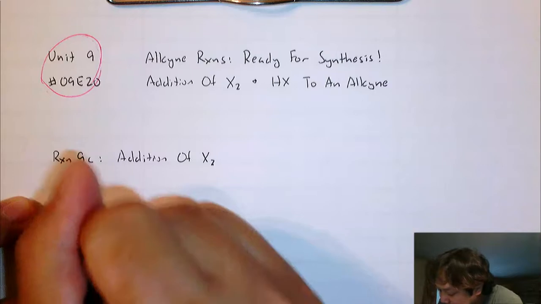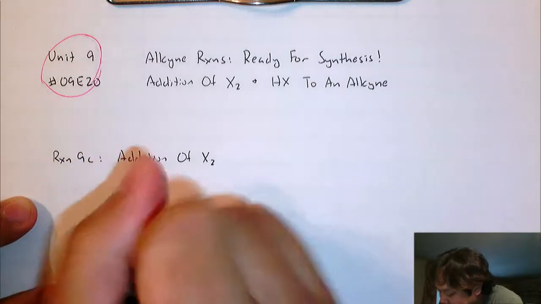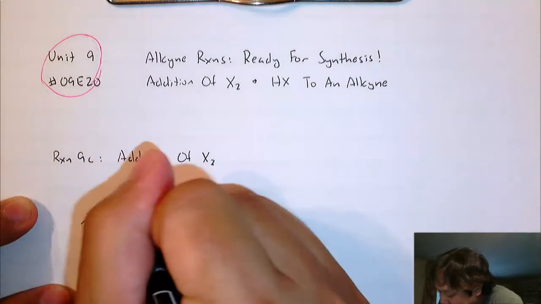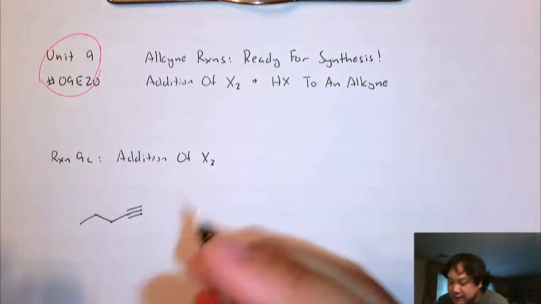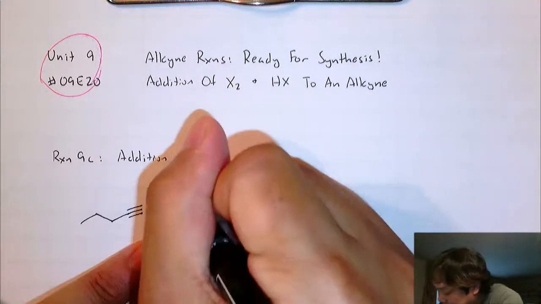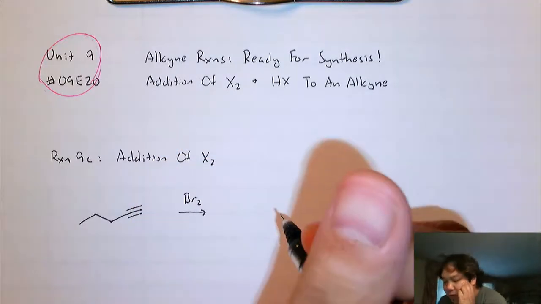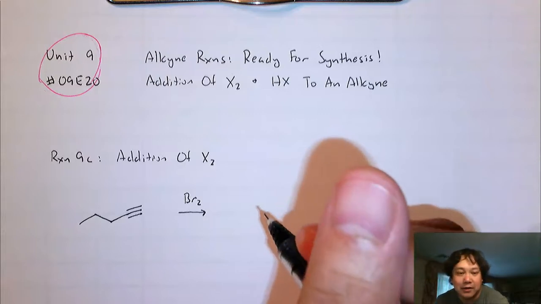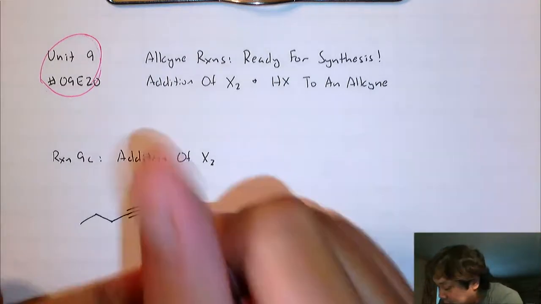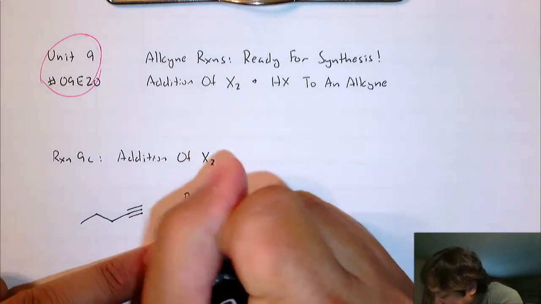You want to be careful to know what your professor means when they give something like this, Br2. Normally, if you remember from the alkene reactions, we use the chlorinated solvent.